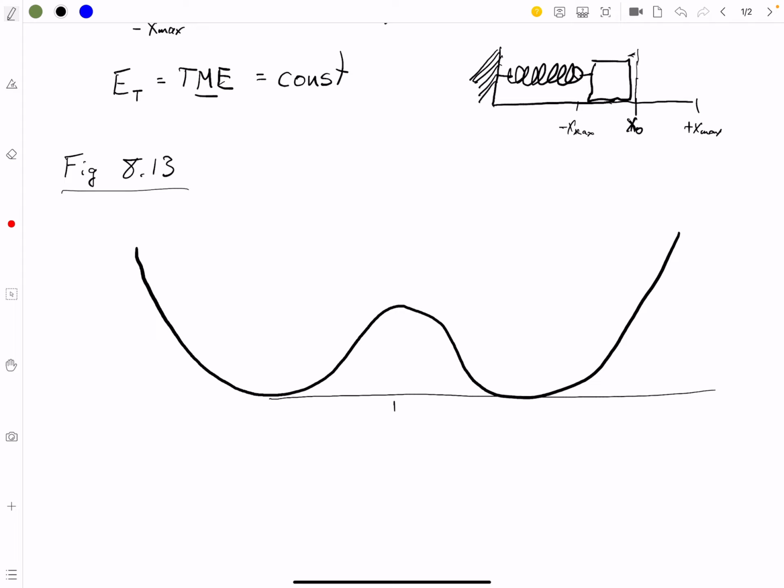Okay. Here's our absolute bottom. Here's an inflection point. Here's an inflection point. Here's an inflection point. And then we're going to give our total mechanical energy for the system, we're going to make it this much. Okay?